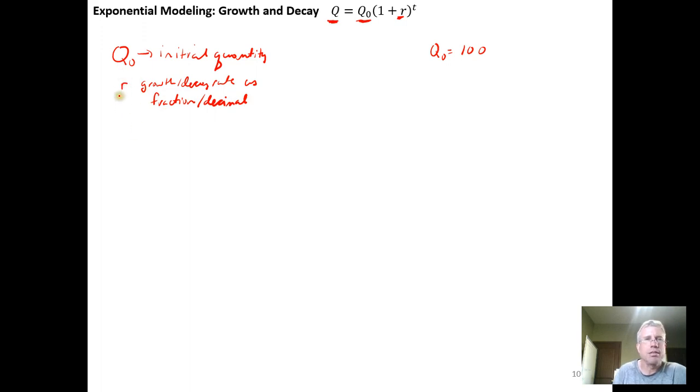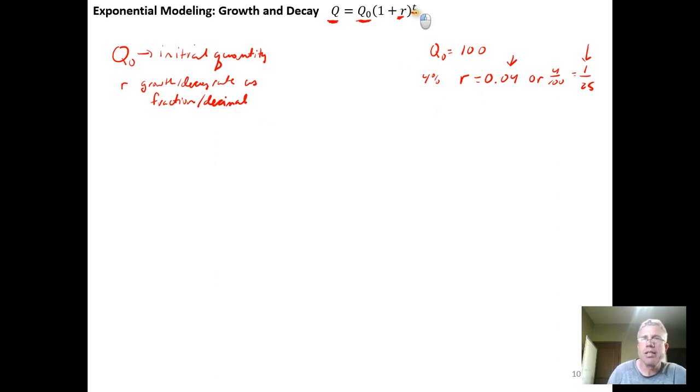So for example, if we're working with a bank that's going to pay us 4% interest on our $100, then we would take 4% and the rate would be the conversion of that 4% into its decimal form or its fractional form, 4 over 100, which simplifies to 1/25. So I could use either a fraction form or the decimal form of the rate.